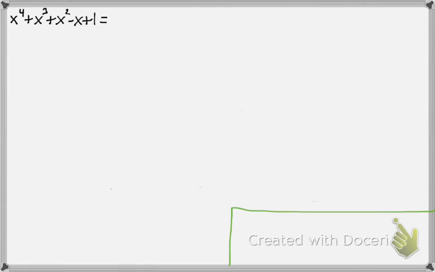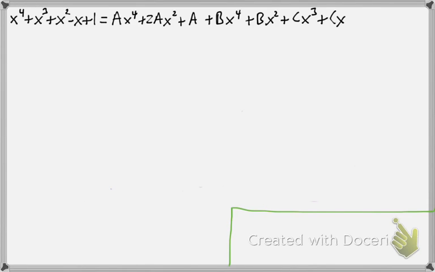So that'll be Ax to the 4th plus 2Ax squared plus A. And then if we FOIL that, it'll be plus Bx to the 4th plus Bx squared plus Cx cubed plus Cx, and then plus Dx squared plus Ex.